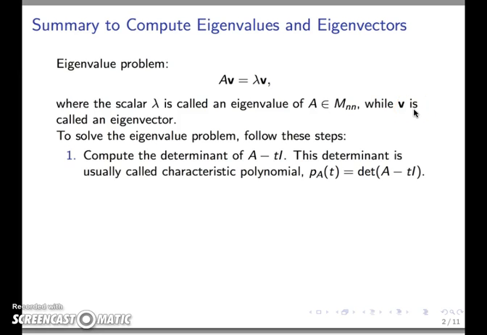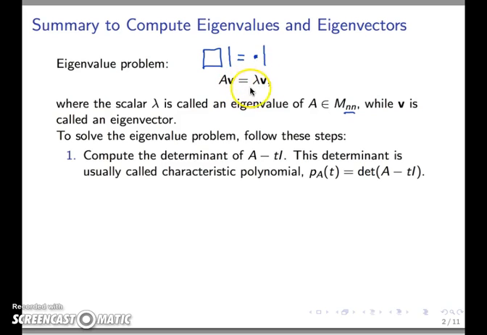So let's refresh our mind about the definition of eigenvalues and eigenvectors. We're working with a matrix that has n rows and n columns, right? So again, this matrix is a square matrix, and we are referring to an equation that has on one side a matrix vector multiplication, and on the other side a scalar multiplying a vector, and these two things are set equal to each other.